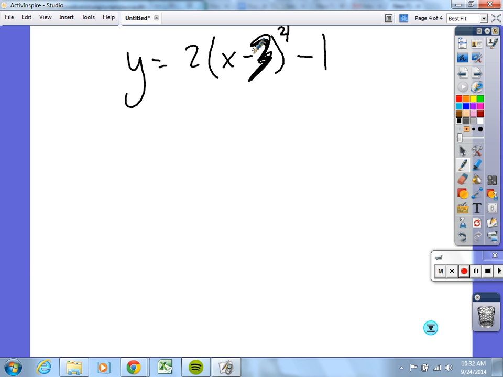Hey, so what if I wanted you to find the zeros of this? How many of you want to go factor that out and then do the way I've taught you? The zeros, what do we know? y is 0, right? Then we just solve it, so we add the 1.